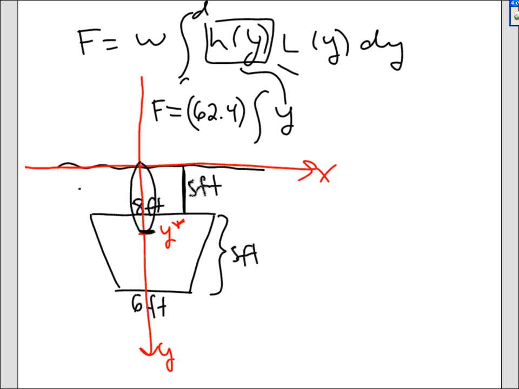Now, the question now is, how long is this? It's not a constant. At this y value down here, it's a bit shorter. At this y value, it's a bit shorter. So what I would do is find the equation of this line. Oh, one other thing.